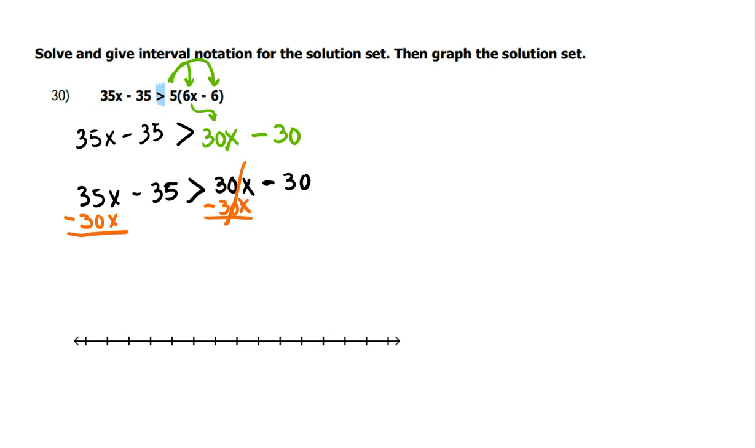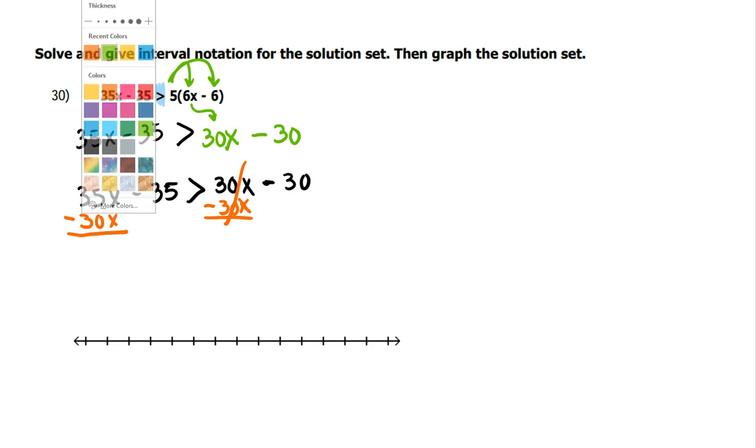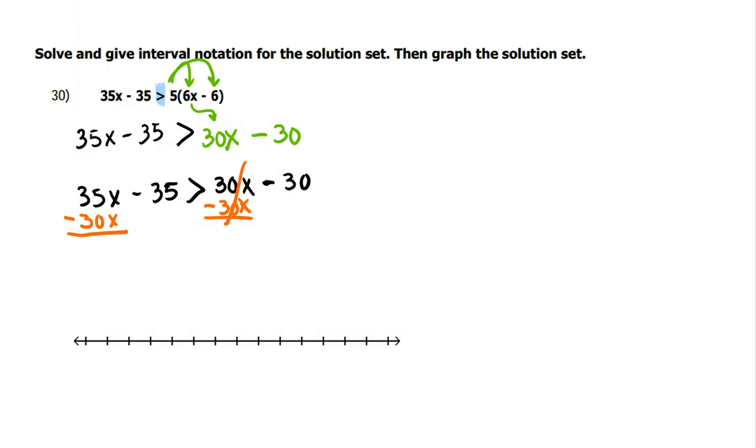But since my x's are going to be on the left, I don't want that minus 35 over there. So I'm going to add 35 at the same time so that cancels out. But again, if you add 35 on one side, you have to add 35 on the other.